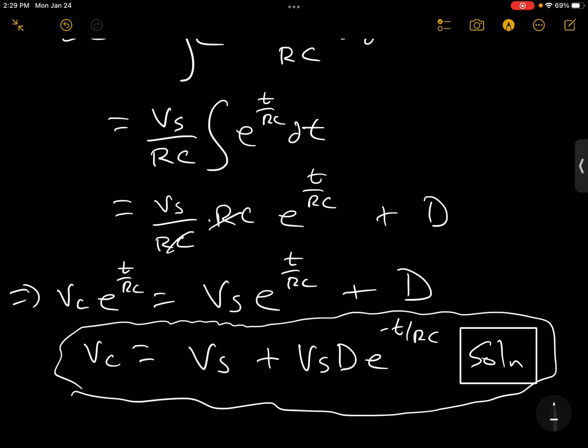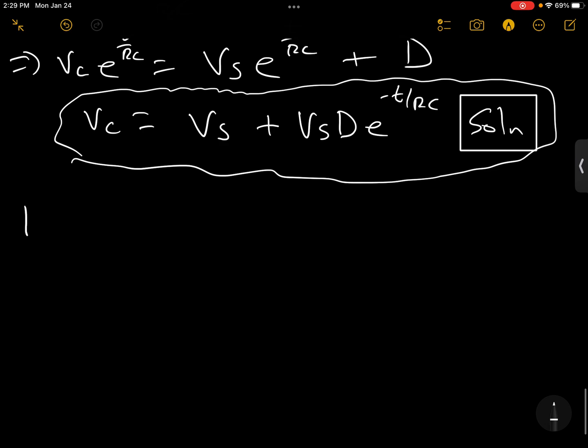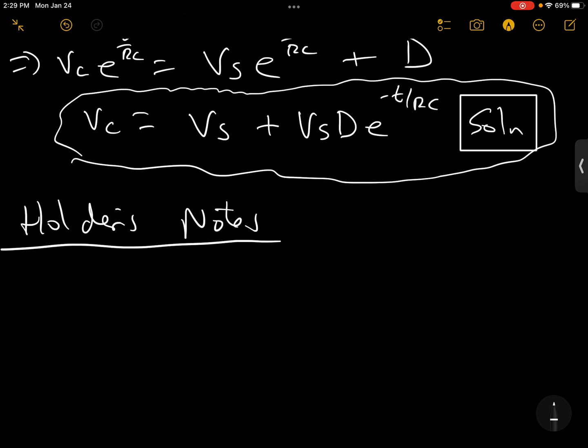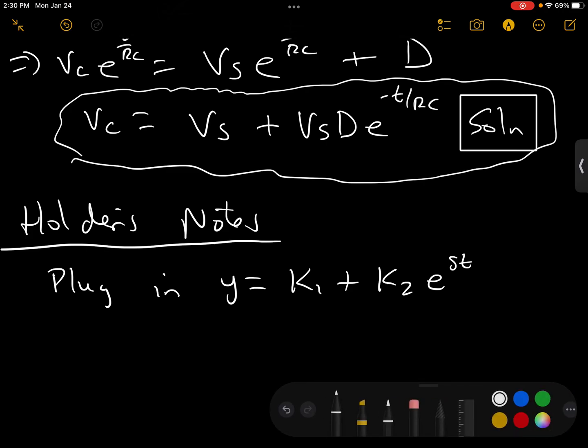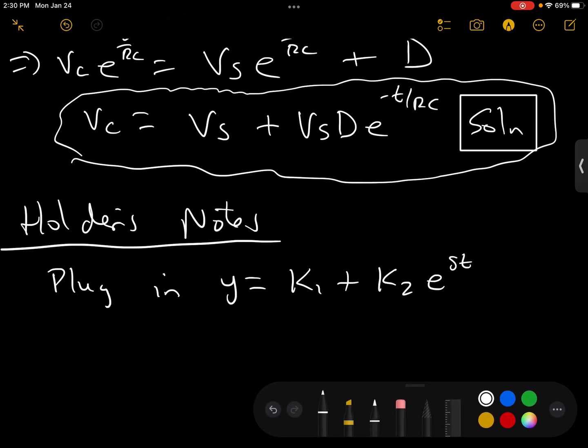Okay, so these are from Holden's notes. The notes say plug in y equals k1 plus k2 e to the st. Now this is where you've got to start looking.